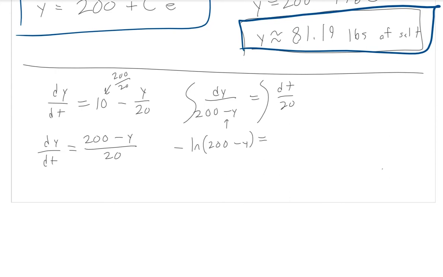Equals, this side is just going to give me t over 20 plus a constant. If we multiply negative to the other side, we get natural log. Actually, if we put the negative on the inside here, we could say natural log of 1 over 200 minus y equals t over 20 plus c.